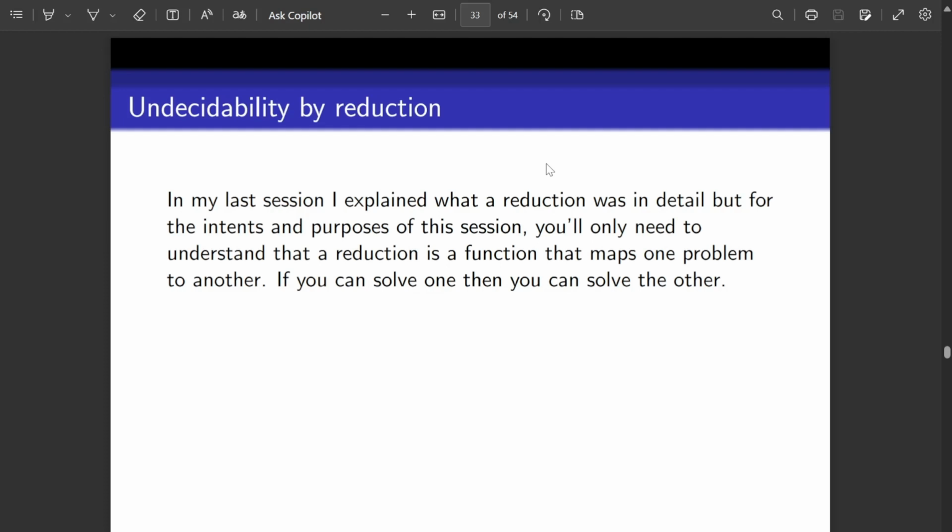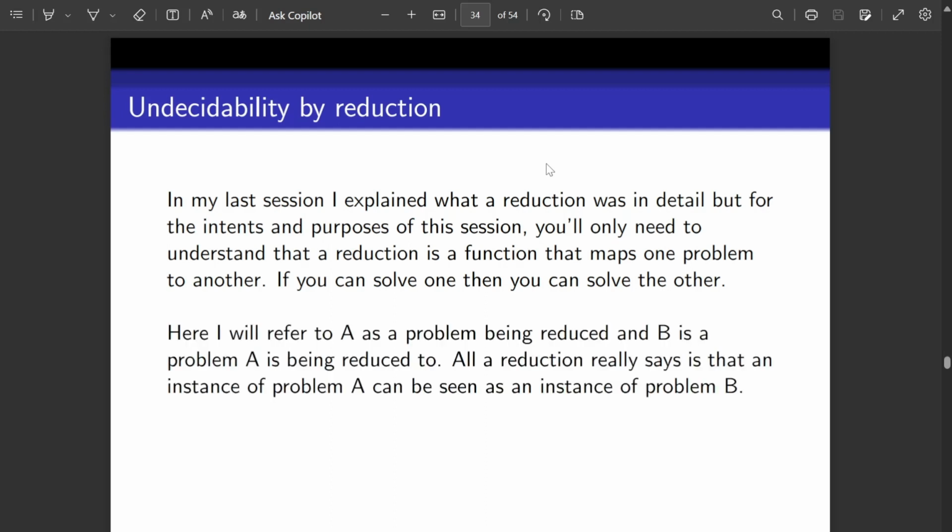In my last session, I explained what a reduction was in detail, but for the purposes of this session, you only need to understand that a reduction is a function that maps one problem to another. If you can solve one, you can solve the other. Here I will refer to A as the problem that's being reduced, and B is the problem that A is being reduced to.